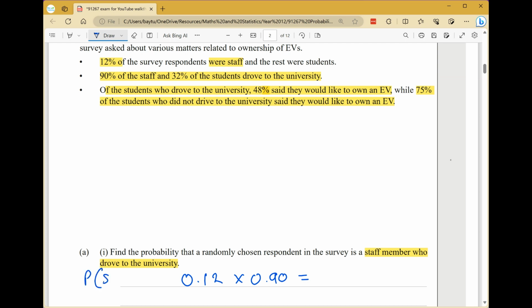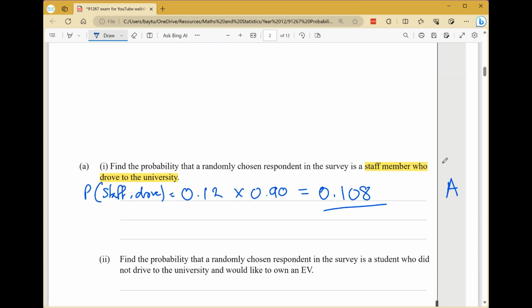So the probability staff and drove, 0.12 times 0.9, is 0.108. The question doesn't specify how they want the answer, so giving it as a decimal is absolutely fine, and that is the answer for the question. So that is an achieved for that question.